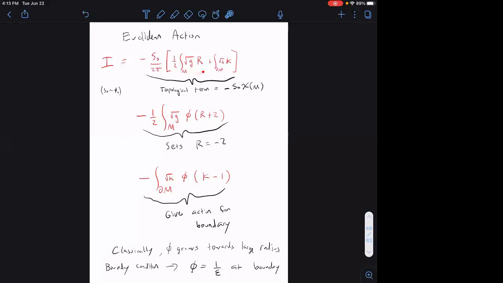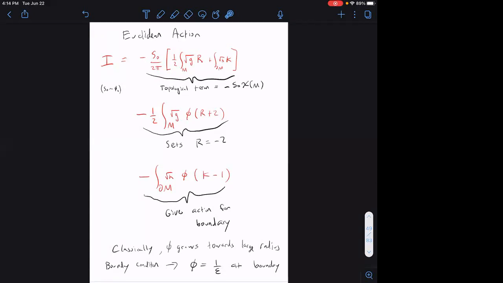So altogether, this term is just proportional to the Euler character of the manifold on which you're evaluating the action. And we've given this Euler character term coefficient S naught. S naught is like the phi naught I mentioned in the previous slide. So S naught is a large number that's going to be part of the entropy of the system.